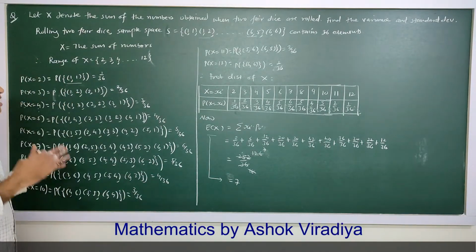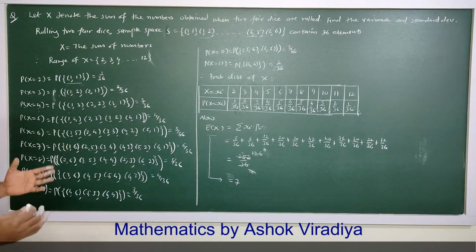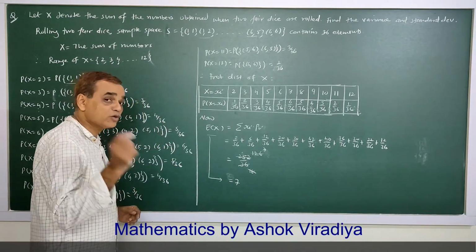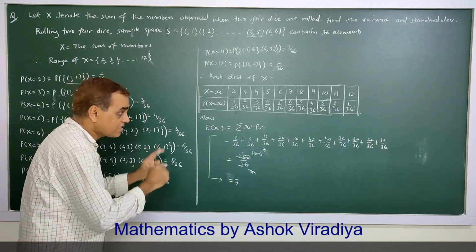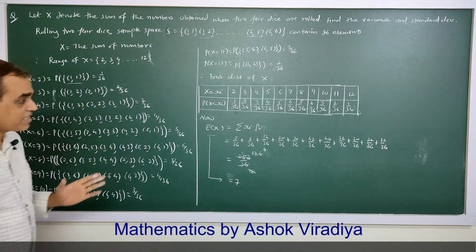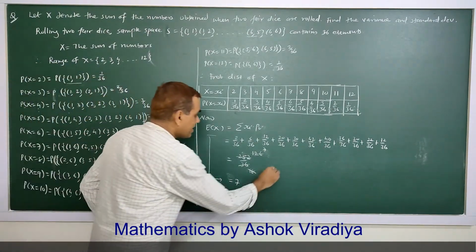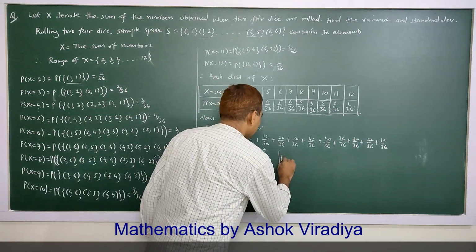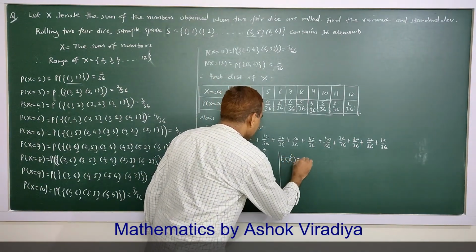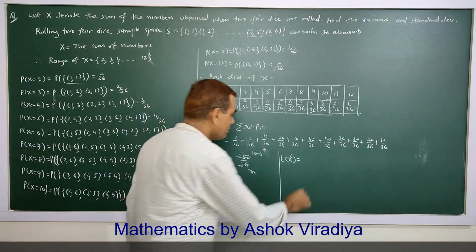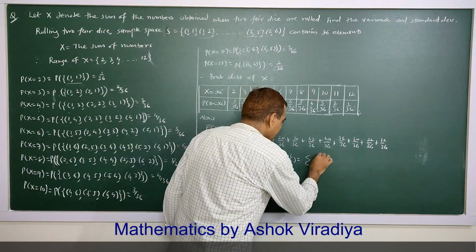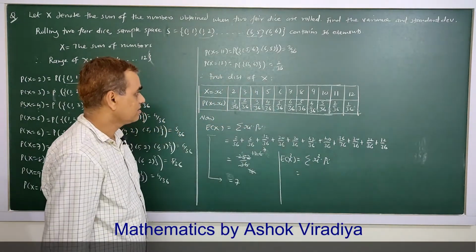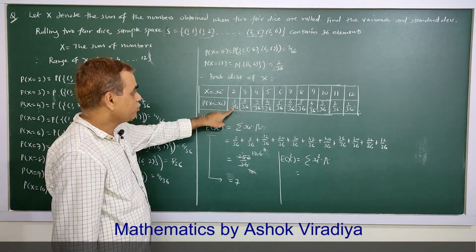Now variance. For variance we need one more step, E of x square. Now we are going to calculate E of x square, that is sigma xi square into pi.